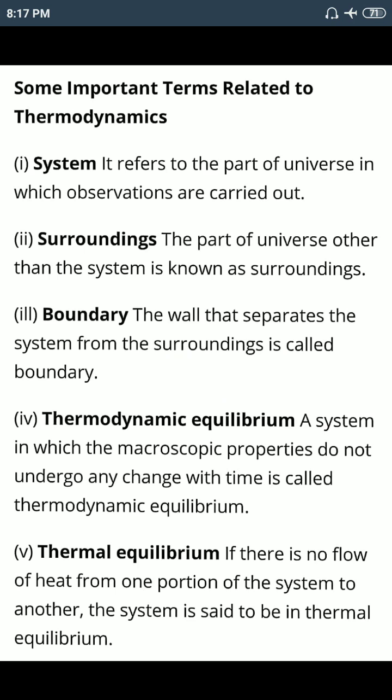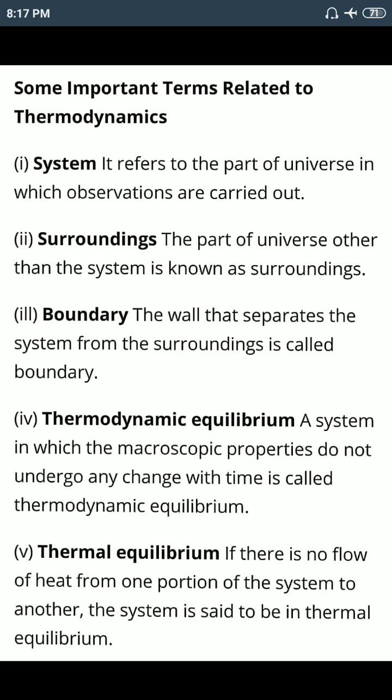Time always moves forward, but the properties inside that system do not change as time passes. That is called thermodynamic equilibrium.